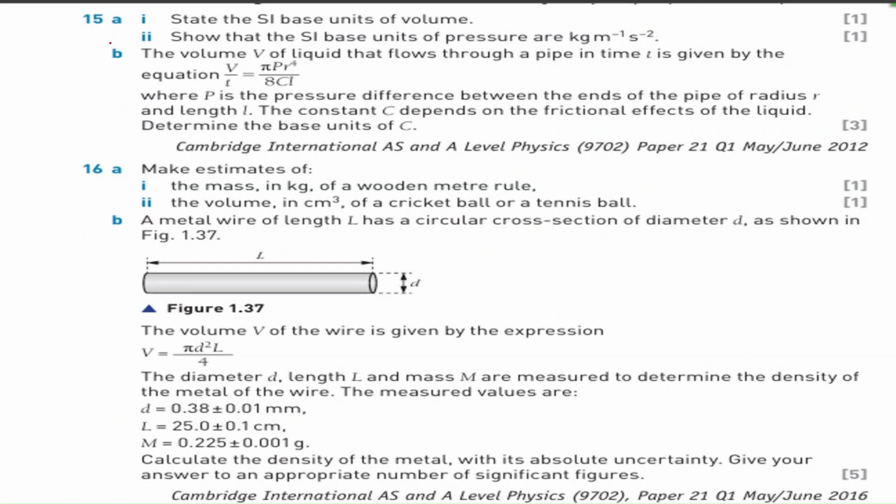In question number 15, there are also two parts. In part A, state the SI base units of volume. We know volume means length cubed.